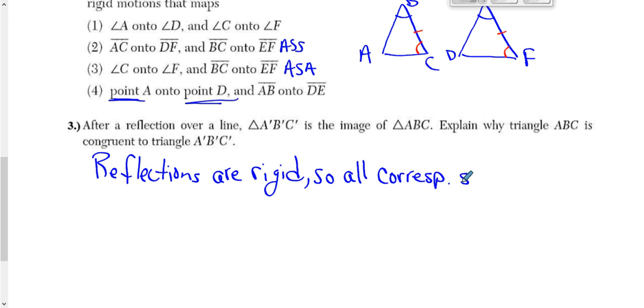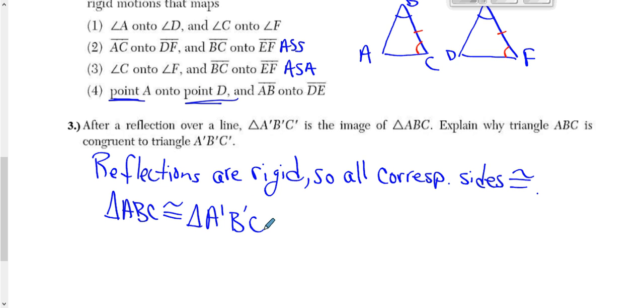Corresponding sides congruent, right? So we can say that triangle ABC is congruent to triangle A prime B prime C prime by what? Side side side. Okay?